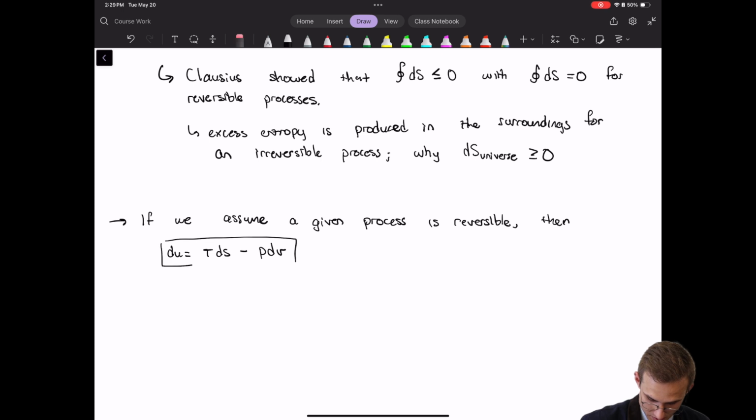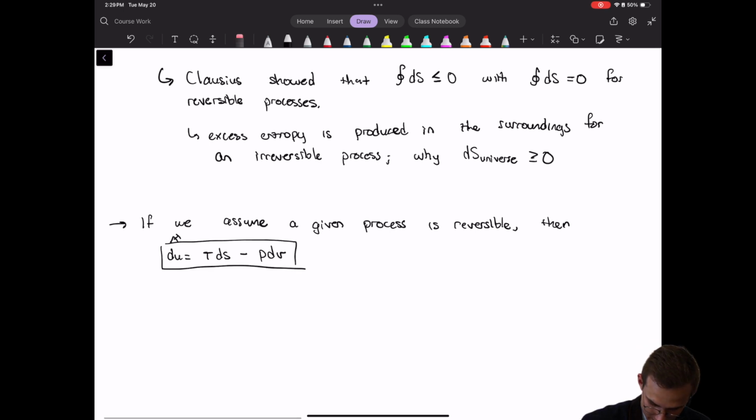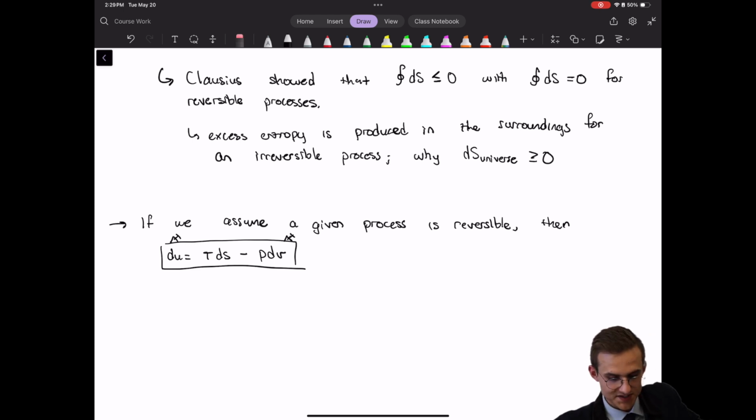And I'm going to box this because it's quite important. In fact, I'm going to frame it like Dr. Lazzati over in the physics department used to draw frames around equations when they were particularly important. So this is a very important relation. This is a combination of the first and second law.